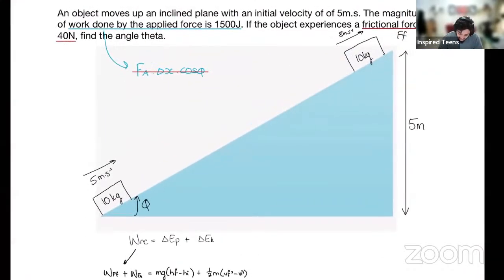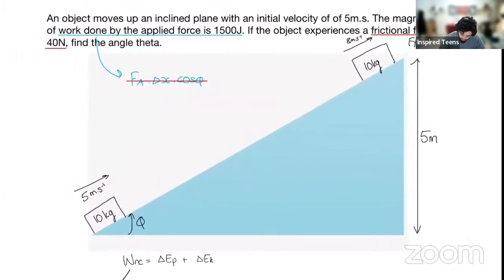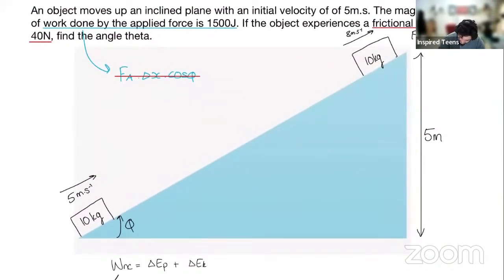Okay, so again, we don't know delta x, so we're going to use trigonometric ratios to represent this. So sine theta is equal to, I always use sine as opposite over hypotenuse. Remember, it's an incline. So opposite, the height, is given as 5.